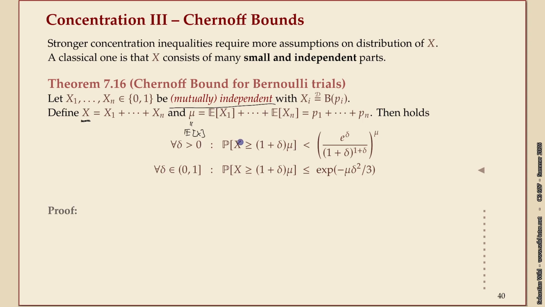The probability that x is a 1 plus delta fraction larger than its expected value is some more or less ugly constant depending on delta. But say you put delta to 1, right? Then what will we get?